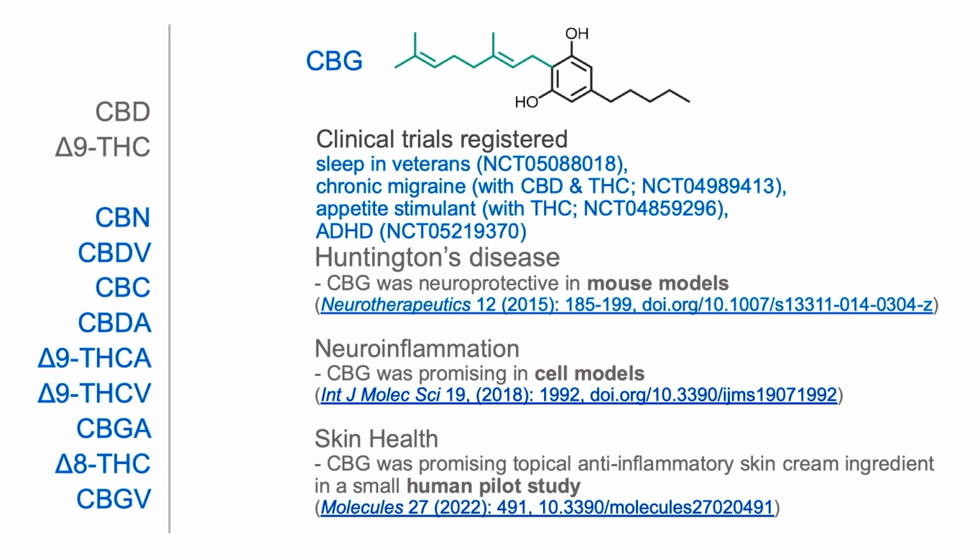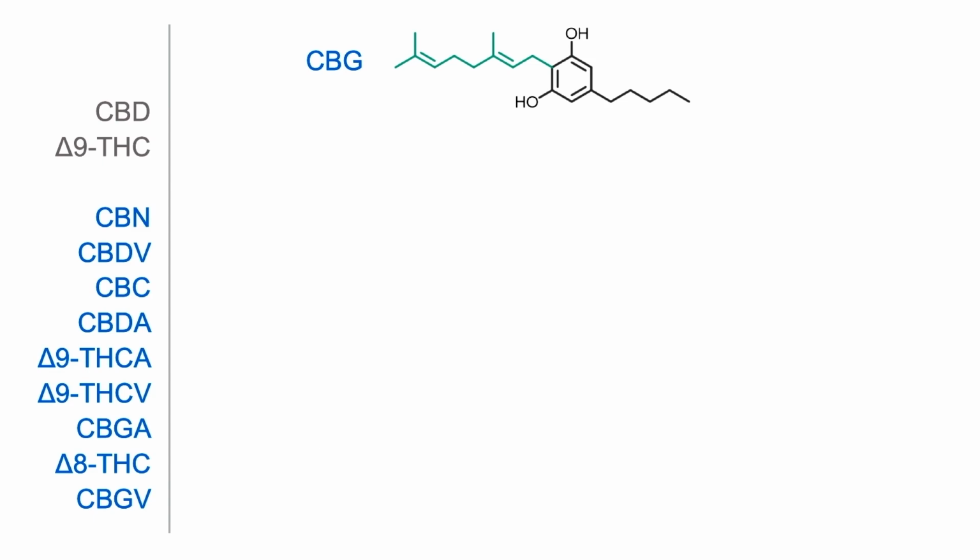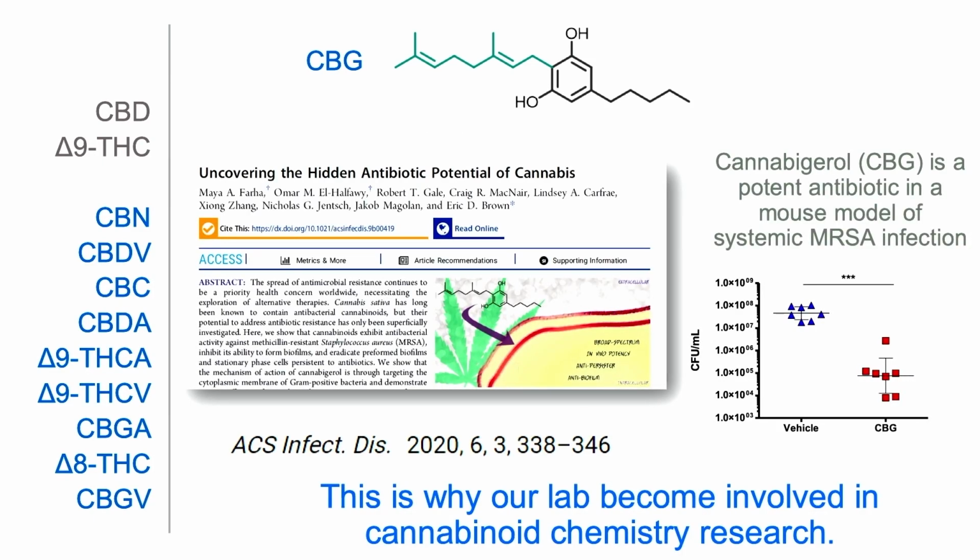Also really pretty compelling evidence in mouse models of Huntington's disease as a neuroprotective agent, neuroinflammation in cell-based models, so a long way from the clinic, and a small human pilot study funded by a company called Willow that was trying to find evidence for their product as an anti-inflammatory skin cream ingredient on a small human study.